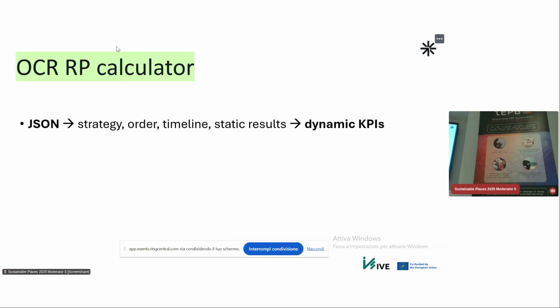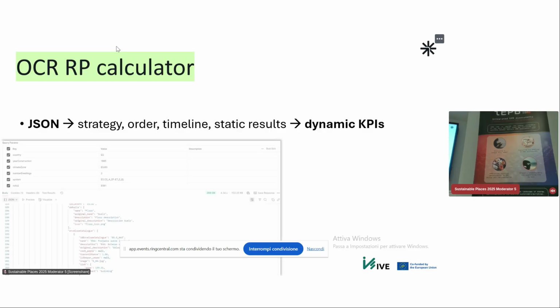Then we have built the main component, which is this renovation passport calculator, which is a backend component which gives a JSON file in which you can find the strategy for the renovation roadmap, the order of the different implementation of the energy conservation measures, the timelines, and some static results, but most importantly, the dynamic KPIs, which come from the different ordering or the different time between the implementation of the different renovation measures.